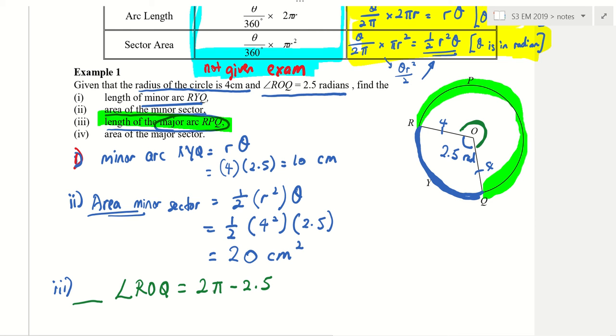I need to add a magic word here, and the magic word is reflex. So reflex refers to the big angle. If you don't write the word reflex, it refers to the small angle because ROQ naturally refers to 2.5. If I want the big angle ROQ, I need to add the word reflex.